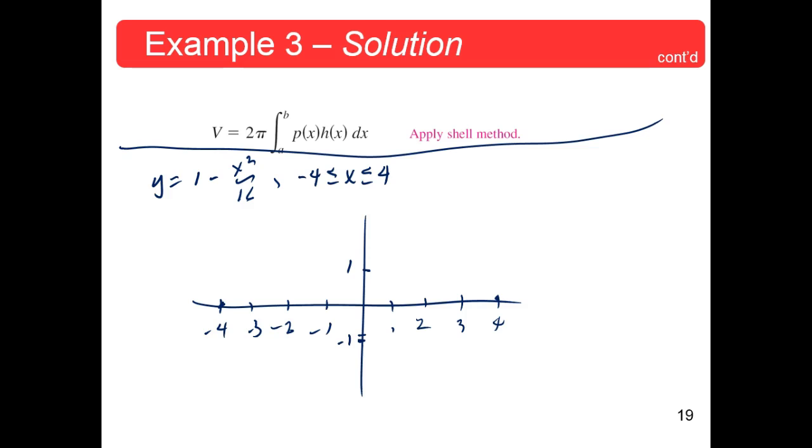And then this acts a lot like a parabola, so just give it your best shot at drawing a parabola there. And then you're going to revolve this around the y-axis, right? And that forms your pontoon, so it does something like that.